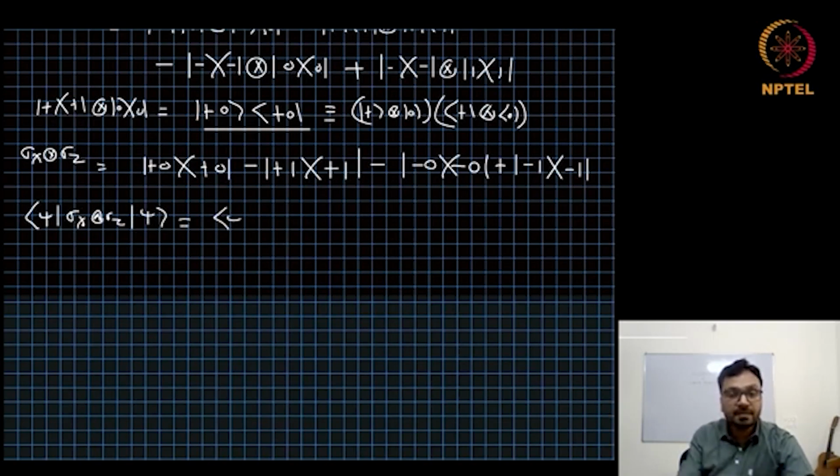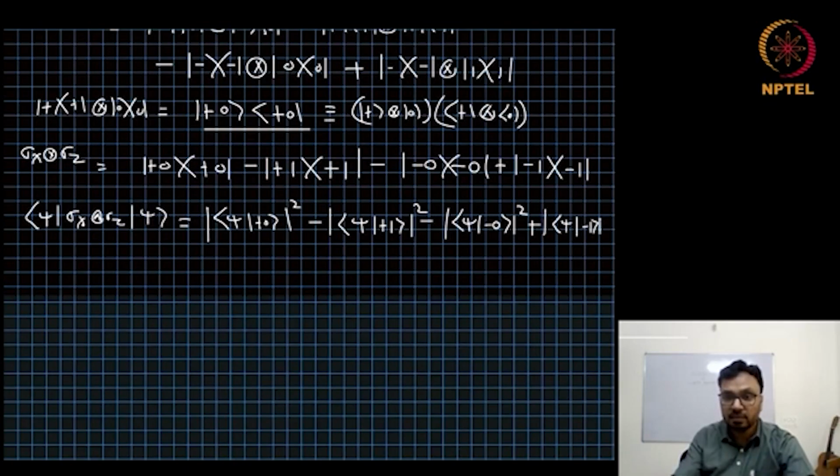That will be |psi plus 0|² minus |psi plus 1|² minus |psi minus 0|² plus |psi minus 1|².